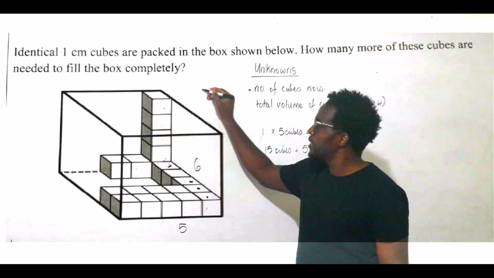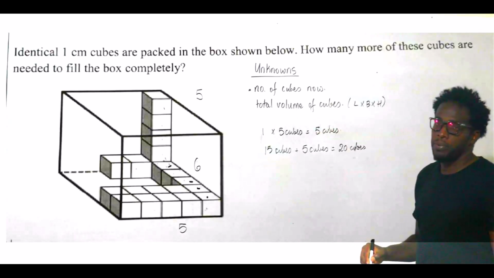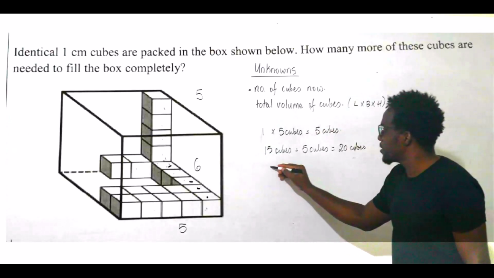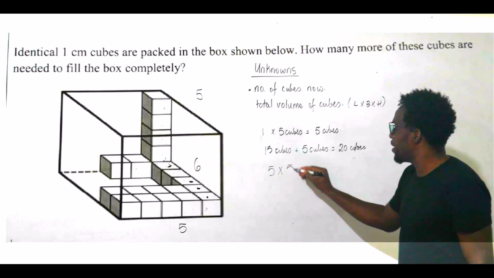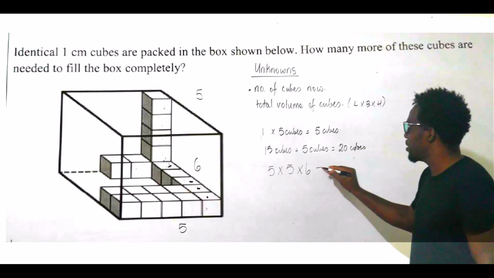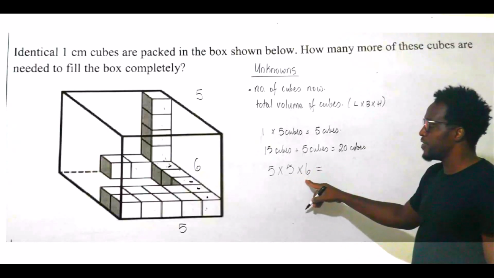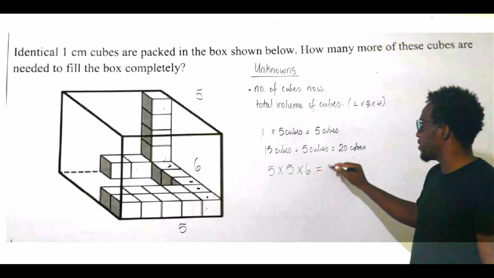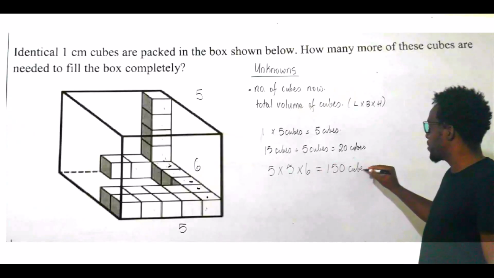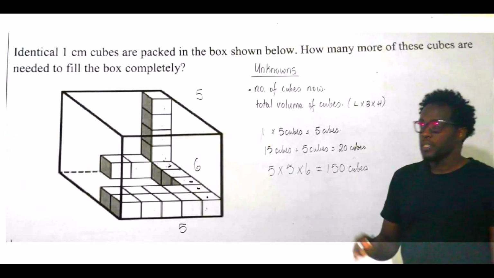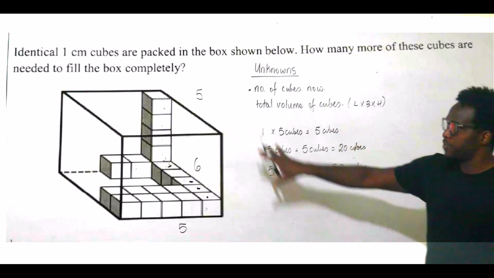So multiplying length by breadth by height, it's going to be 5 by 5 by 6, however you want to work that out. 5 sixes are 30, times 5, giving us 150 cubes.